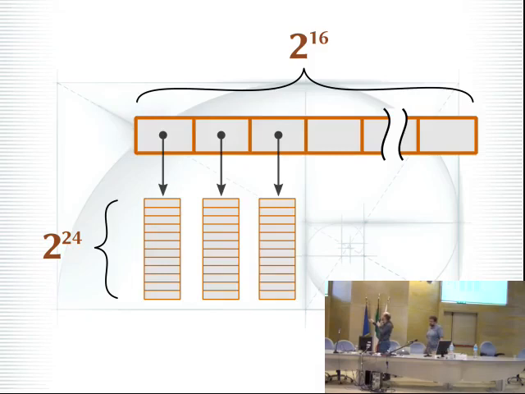So what I do is I have an array that's indexed by this 2 to the 16th, and then I have a hash table for each one of those. So now I have to go through a little more. I have to look into here, find the right hash table, and then do a probe into the correct hash table. But with numbers this big, that's probably still a win.